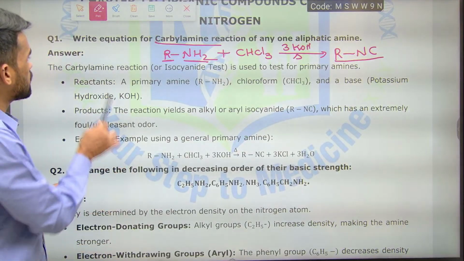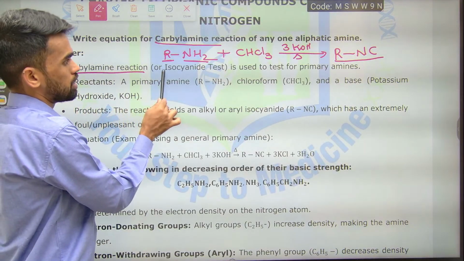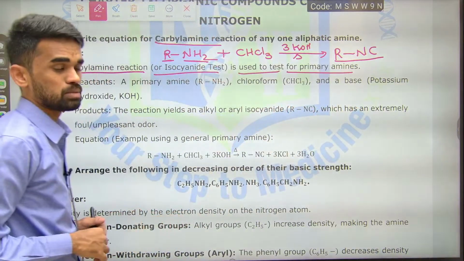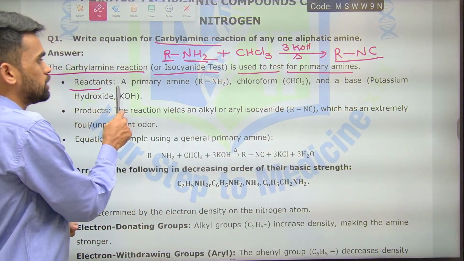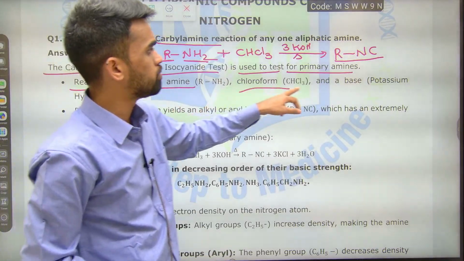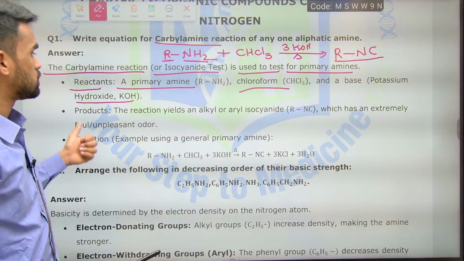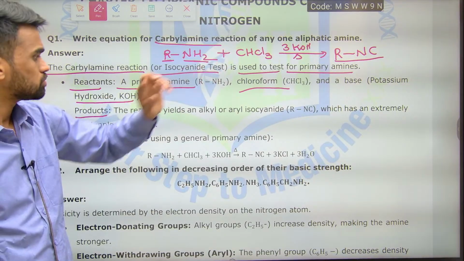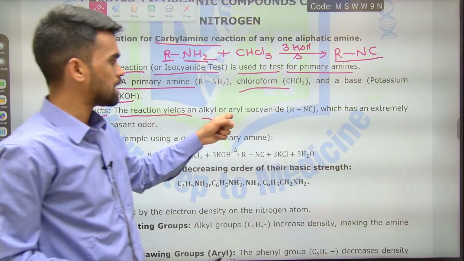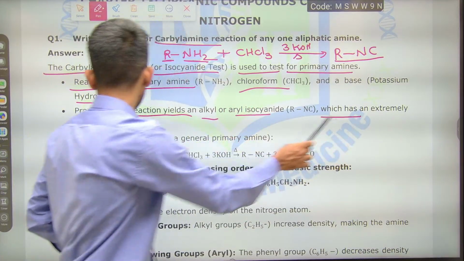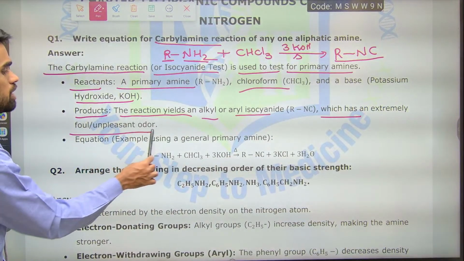Now what they are asking: the carbylamine or isocyanide test is used as a test for primary amines. The reactant should be a primary amine, and chloroform and a base like potassium hydroxide, KOH, are used. The reaction yields alkyl or aryl isocyanides, which have an extremely foul or unpleasant smell.